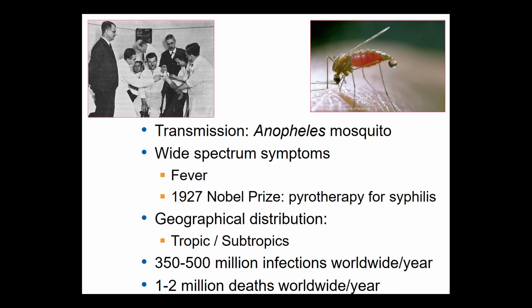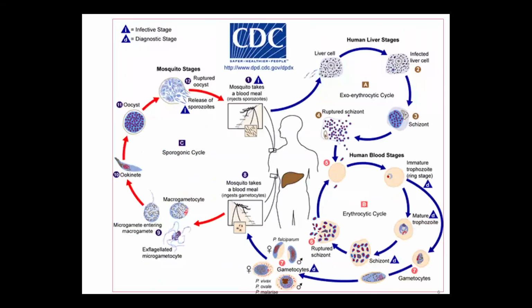But nowadays, due to anti-malarial campaigns, destroying of mosquitoes' breeding places, chemoprophylaxis and other epidemiological measures, it mostly spreads in tropics and subtropics. There are 350 to 500 million infections worldwide per year, and 1 to 2 million deaths worldwide per year.